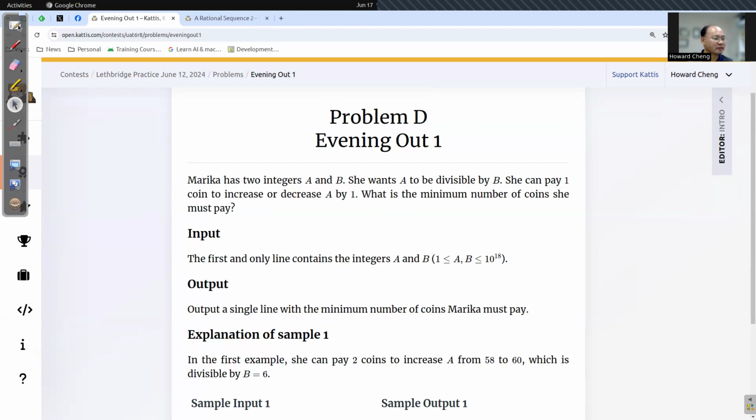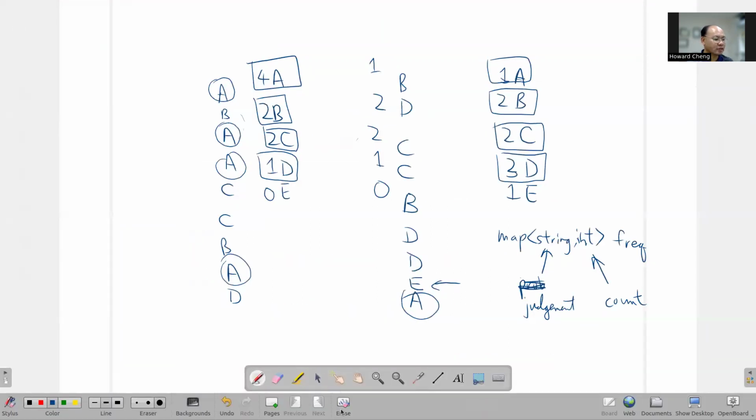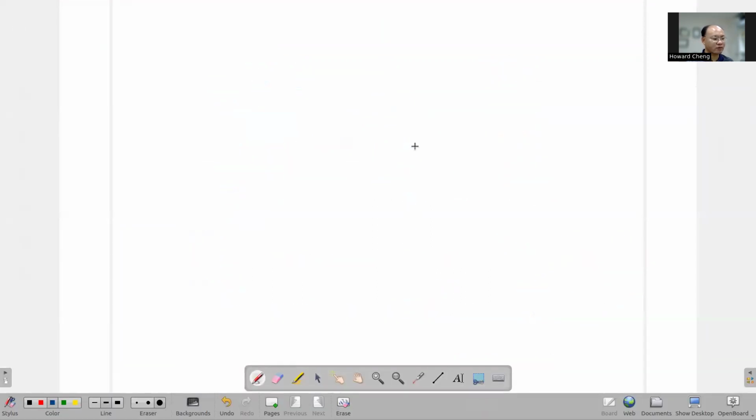So that's the first thing. The second thing is, can we figure out how to do this? If you take a number and divide by b and the remainder is 0, then you're done. Nothing to do. The answer is 0. You're already divisible.